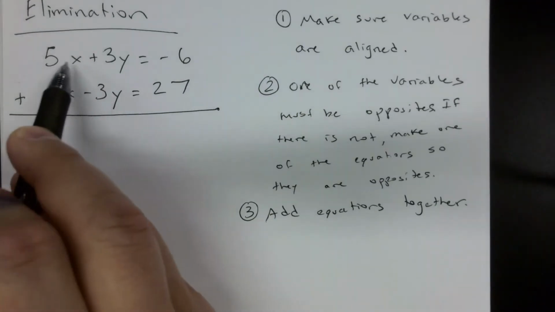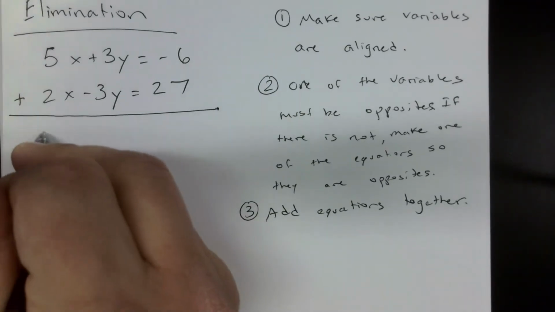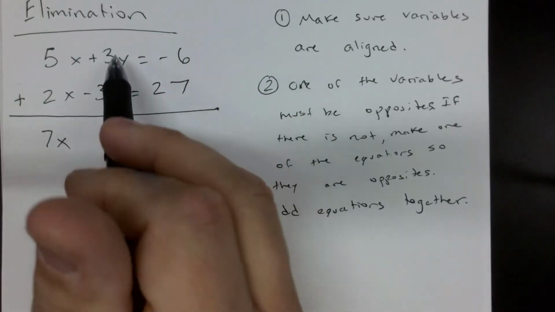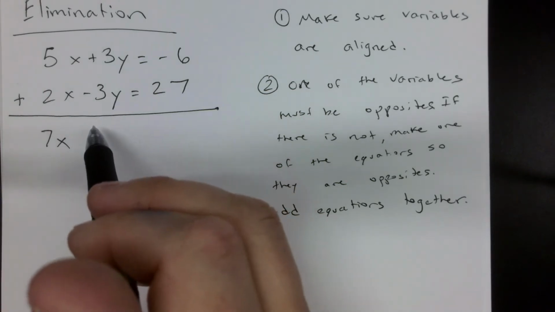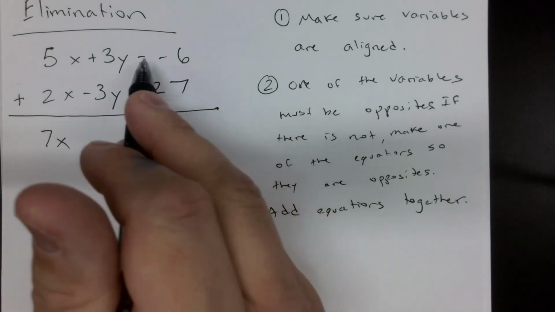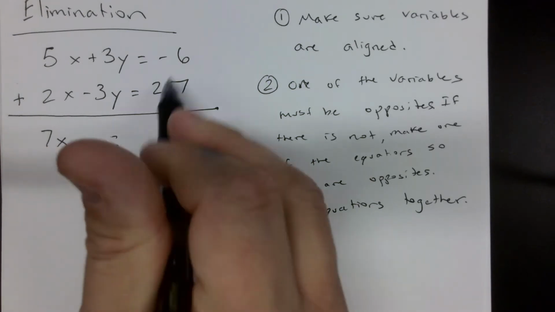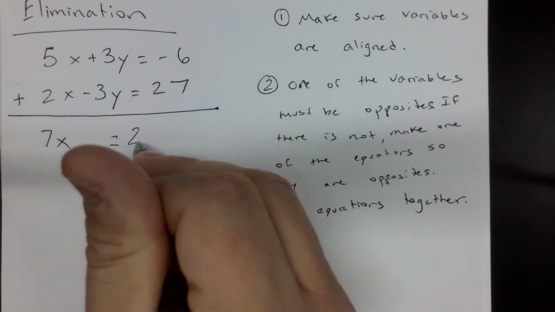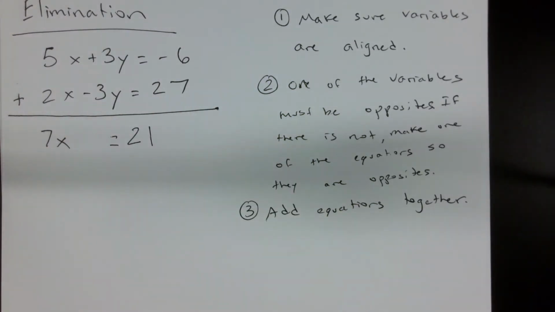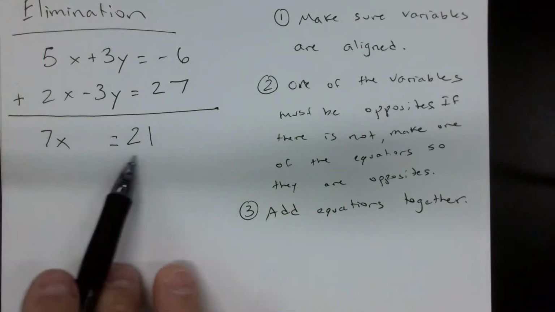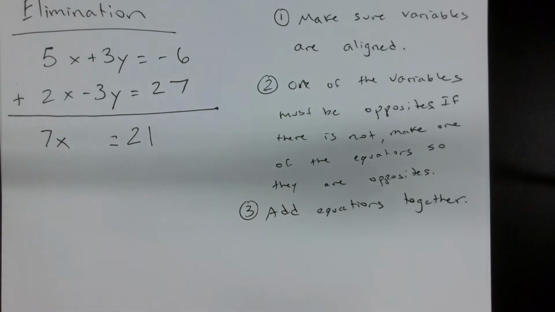So we're going to go 5x plus 2x, which is, what happens to our y's? They cancel. Equals negative 6 plus 27, which is 21. So there's one of our equations. How do we solve 7x equals 21?